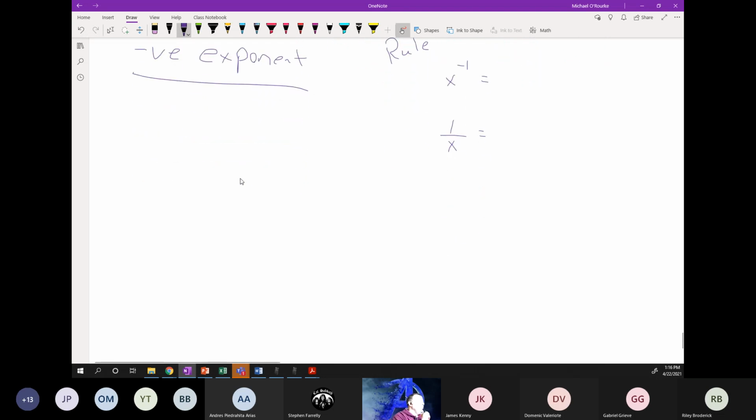How should I lead you upon this path here? Can anyone put that in your calculator and tell me what it equals? So 2 to the power of negative 2. What does that equal?